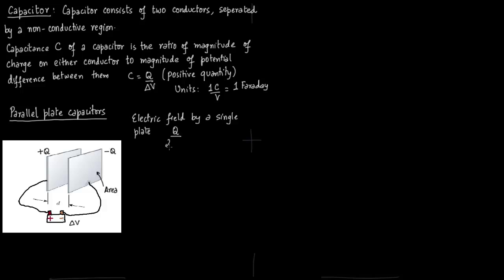If the area of the plate is A, then the electric field is Q over 2 epsilon 0 A. Now if there are two plates of opposite charge, then this electric field doubles because one field is attracting the other, so it doubles. So you get electric field as Q over epsilon 0 A.